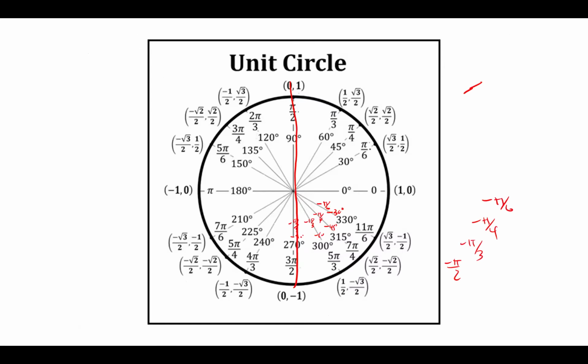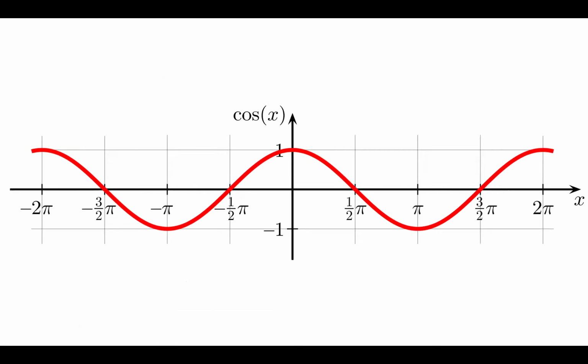Now let's do this for cosine. I need you guys to restrict the domain, and then tell me where the domain is so that we pass a horizontal line test. Wouldn't it be from negative pi to 0?